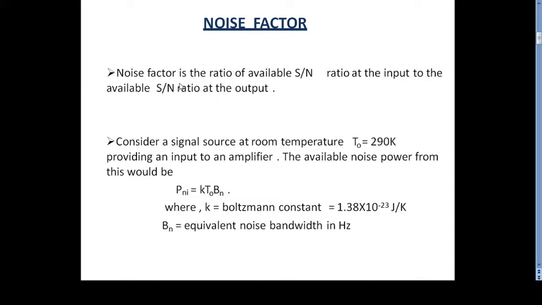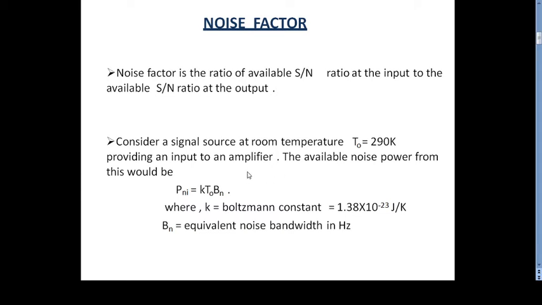Noise factor is the ratio of the available signal to noise ratio at the input to the available signal to noise ratio at the output. That is called the noise factor. For example, consider a signal source at room temperature 290 Kelvin providing an input to an amplifier.